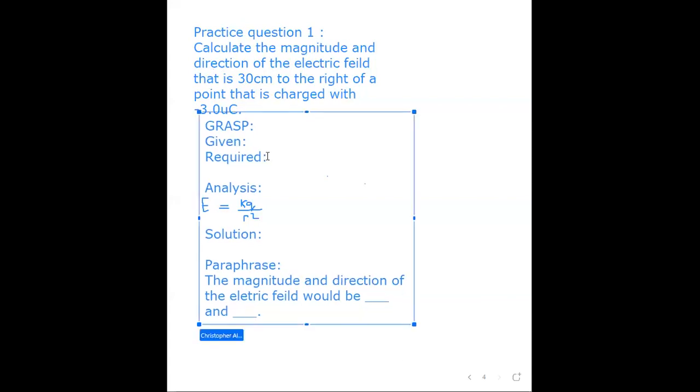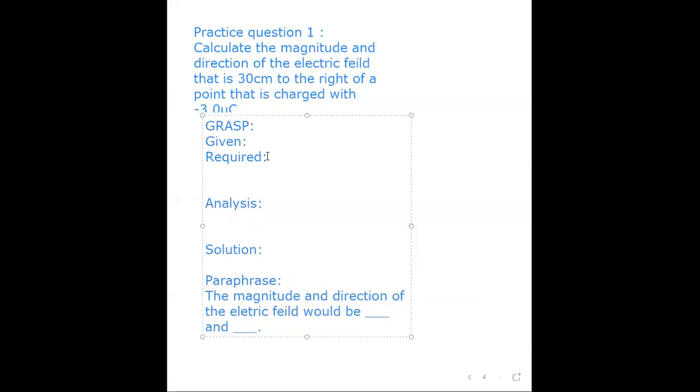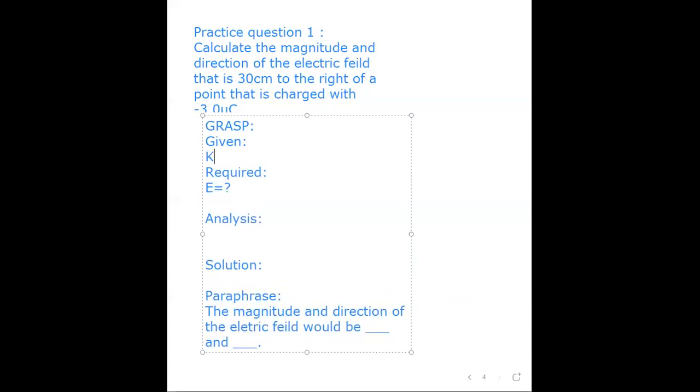For the required section, what are we looking for? We are looking for E, the electric field. Given, we have our constant k, which is 9.0 times 10 to the 9 newton meters squared over coulomb squared.